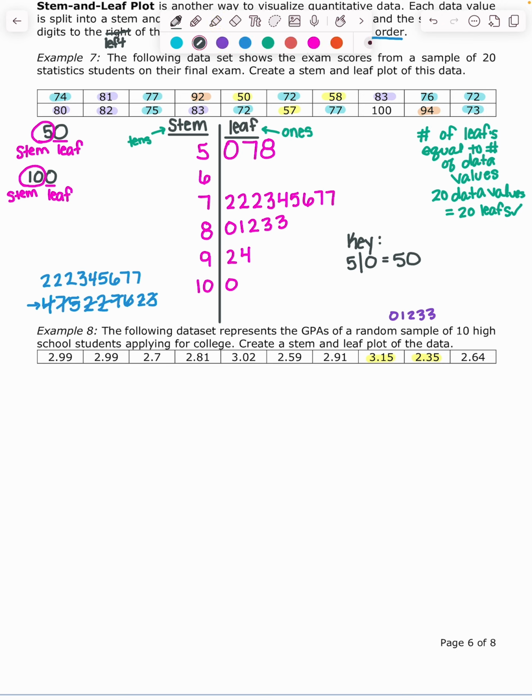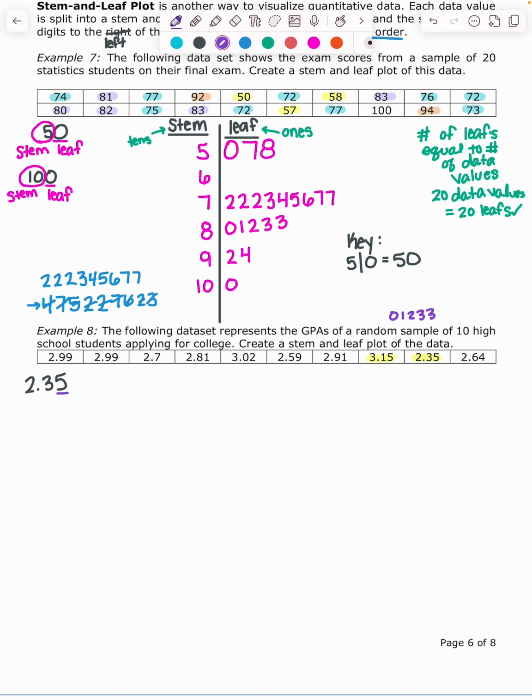So just like I did last time, I'm going to switch up the colors. 2.35 is my lowest one. And actually, sorry, I didn't want to switch up the colors yet. 2.35 is my smallest number.